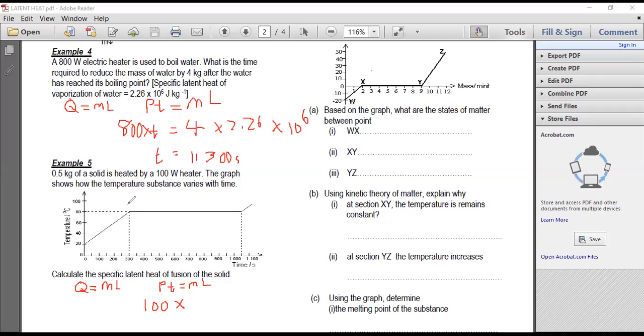The time of melting. Melting only happens at this point of the graph. It doesn't start at 0 seconds, it started at 300. This is 300, this is 1050, so 1050 minus 300. The duration for melting is only 750.